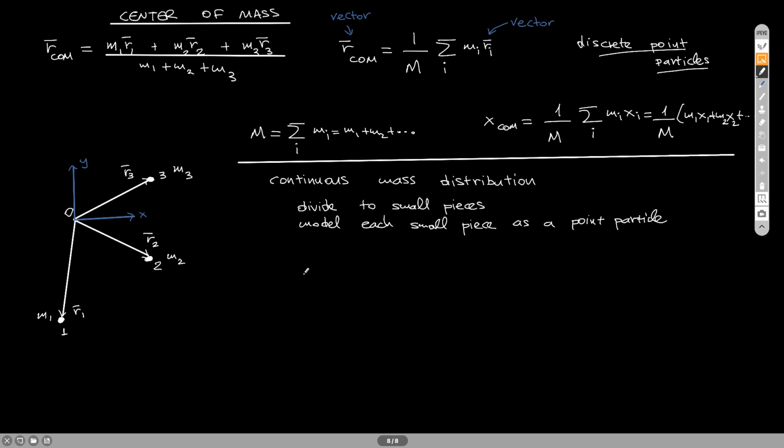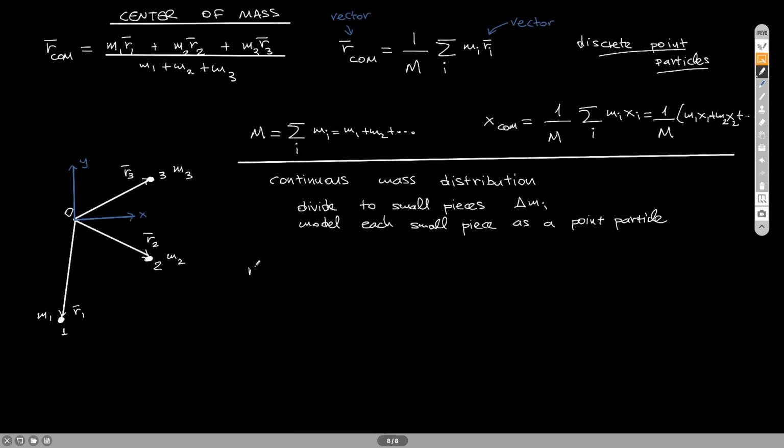Now, let me show you how I'm gonna do that. So when I say divide my mass distribution into small pieces, I will say that each small piece has a mass of delta mi. Okay, delta because it's a small one.